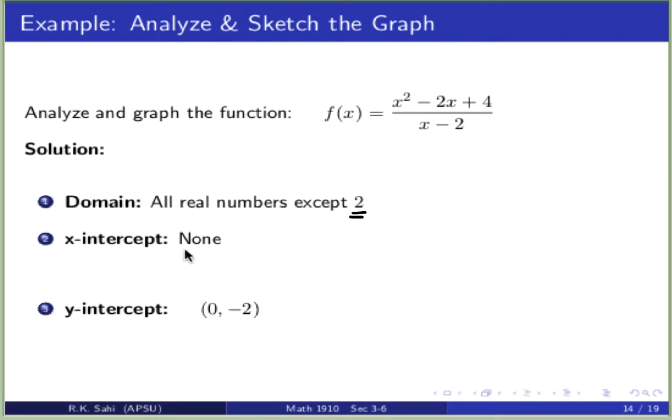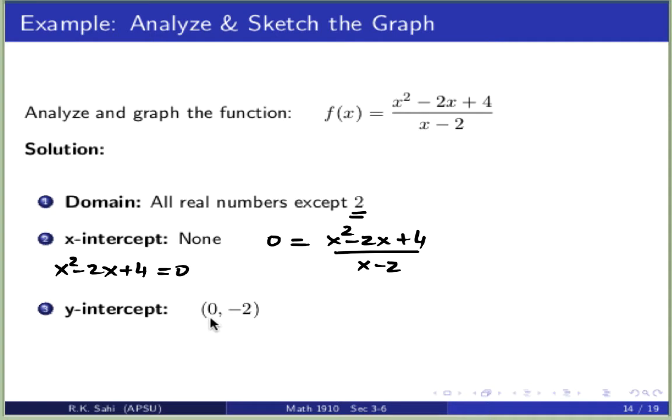For x-intercepts, y has to be 0. Let's put that: 0 equals x squared minus 2x plus 4 over x minus 2. That means x squared minus 2x plus 4 has to be 0. Okay, so can we factor this one easily?